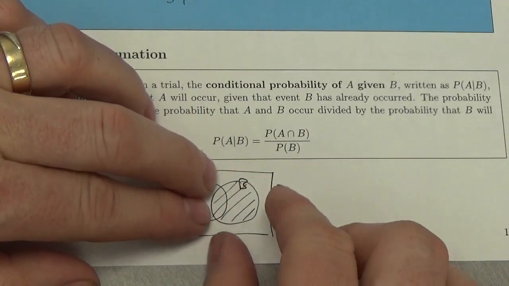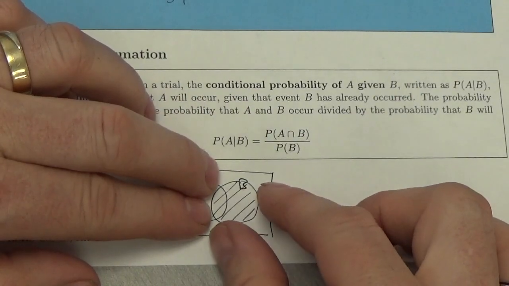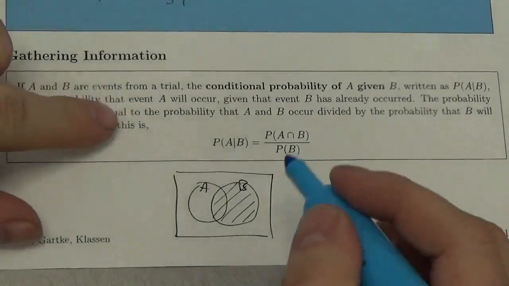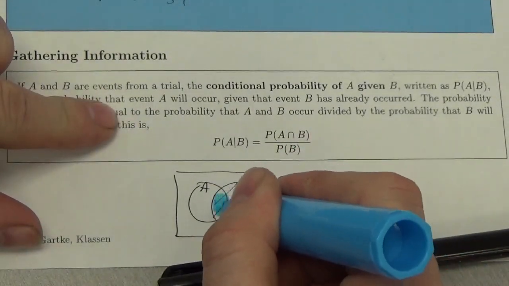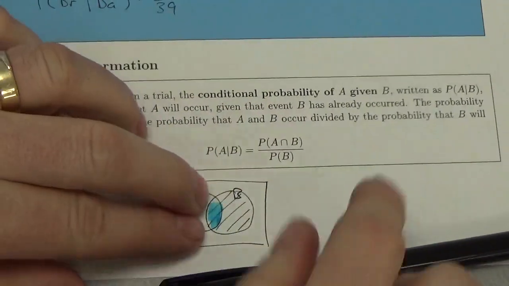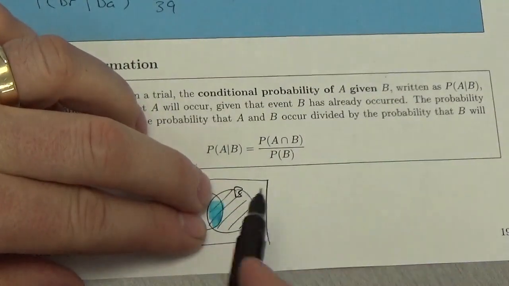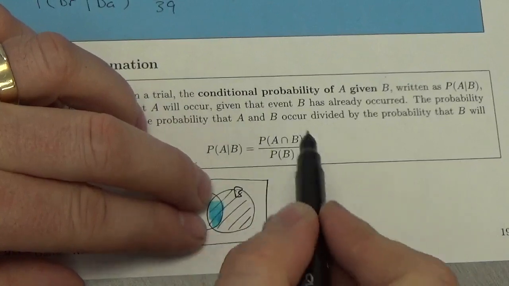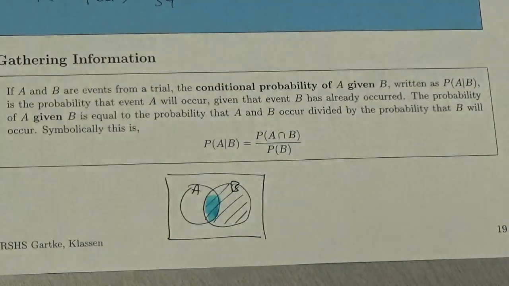So my population, or my universe, has now become just the set B. And what I'm interested in is where A occurs as well. So it's that little bit right there. I'm interested in that probability, this amount over this total amount. And that's what we're seeing reflected right here in this equation.